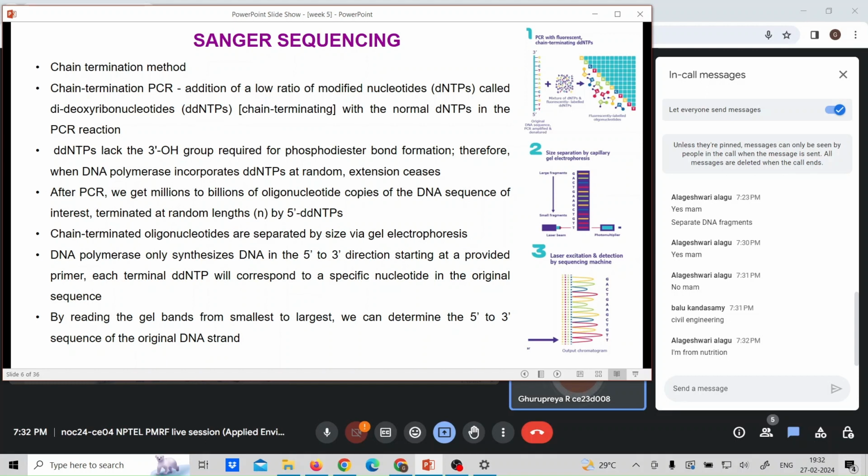So, you can let me know if I have to explain what a dNTP is, ddNTP is, how a PCR works basically. I can do that. Is this fine, or should I explain it that way? You can just put it in the chat box.